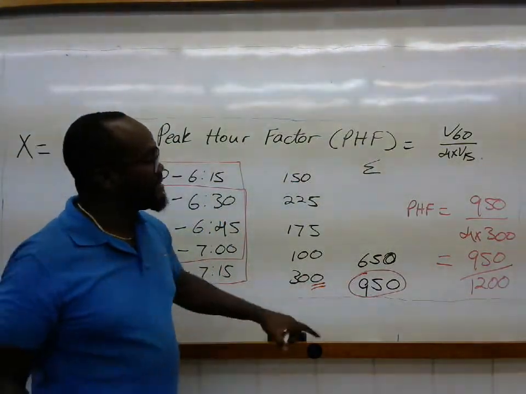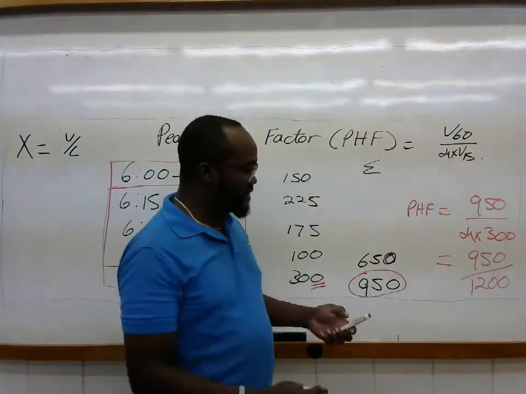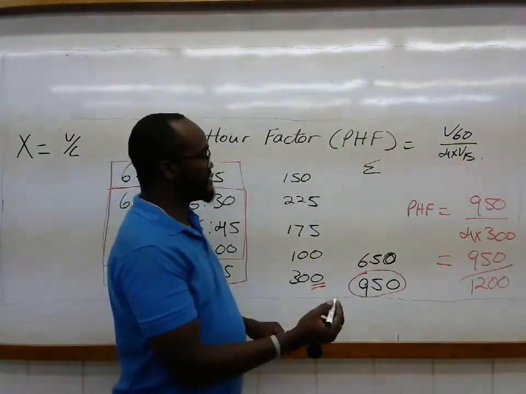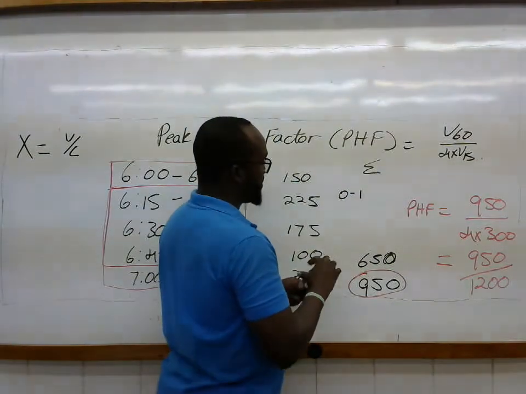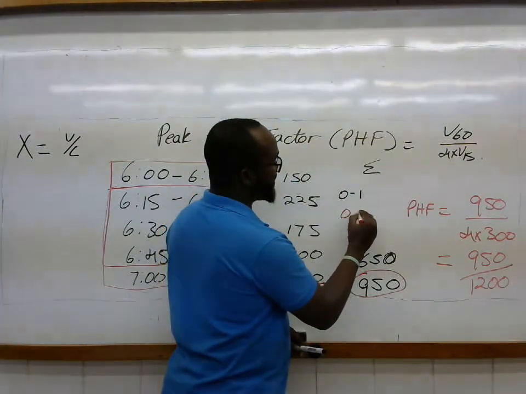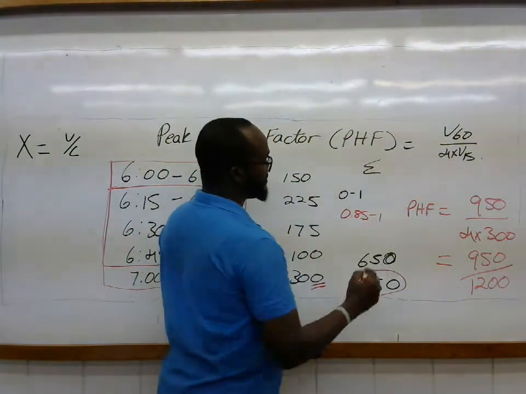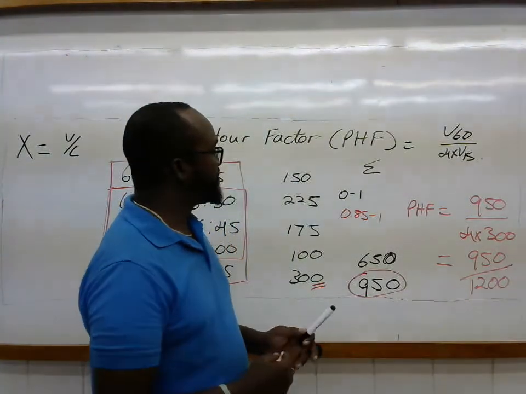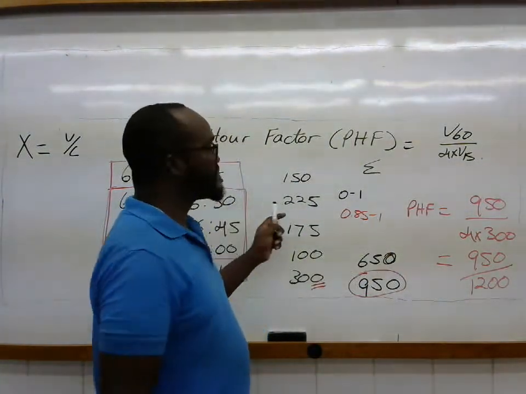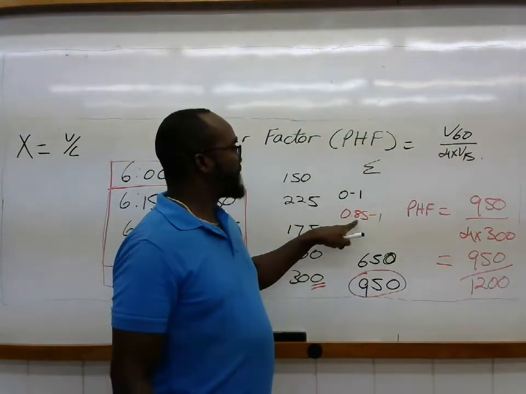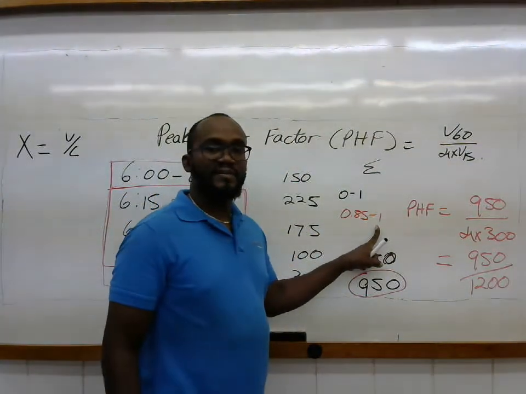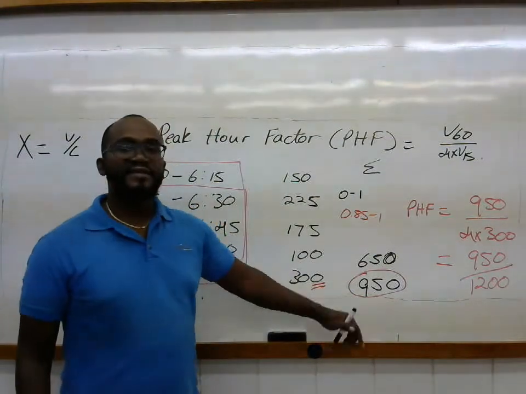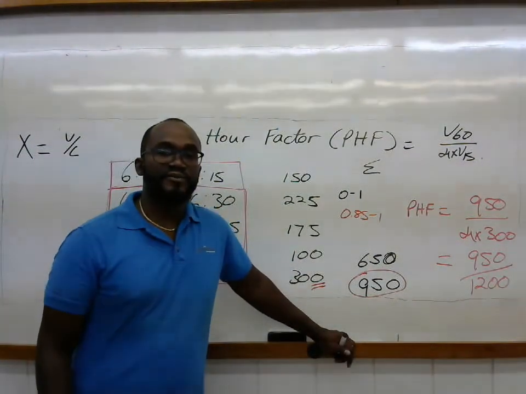However, based on the peak hour factor, which gives you a value within the range theoretically 0 to 1, but more practically in the range of 0.85 to 1, the volume that you collect is divided by the peak hour factor, and that, according to the HCM capacity manual, gives us the theoretical capacity of the approach.